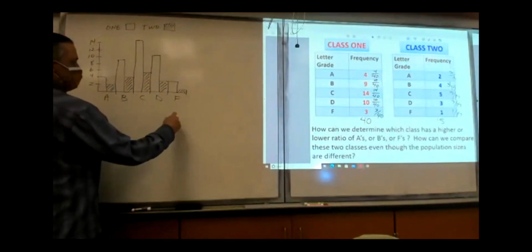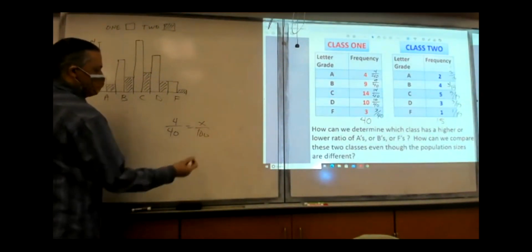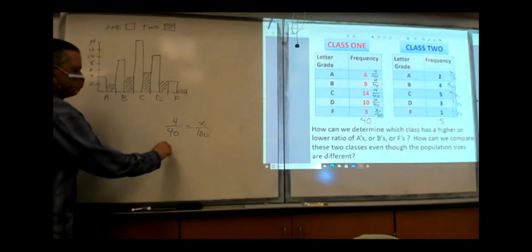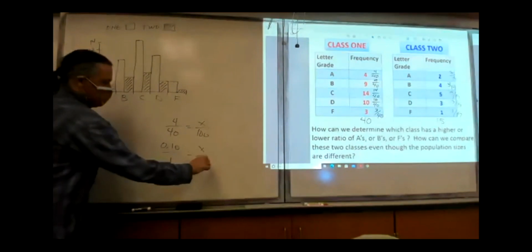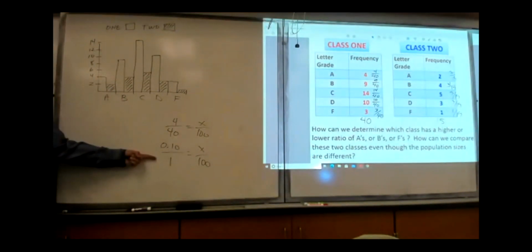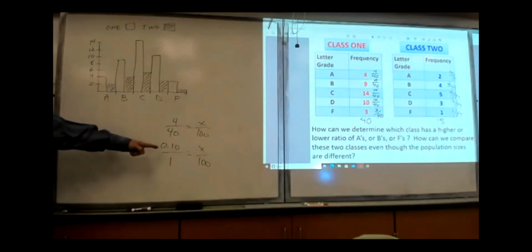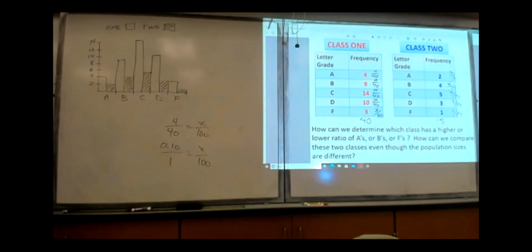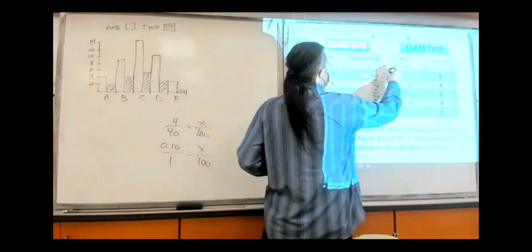So if you did 4 out of 40, you could solve this proportion problem, or you could divide and move the decimal point. As soon as you divide, that's per 1. Notice when you cross multiply, you need to move the decimal point 2 places because you're multiplying by 100. Okay? So this is 10%.